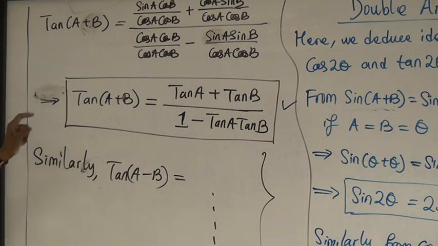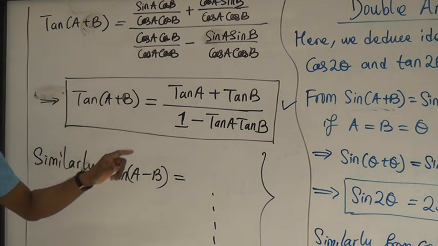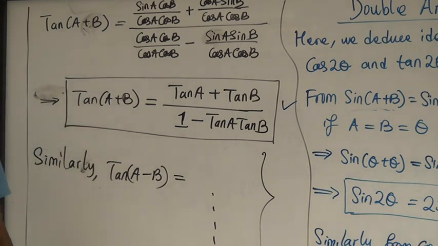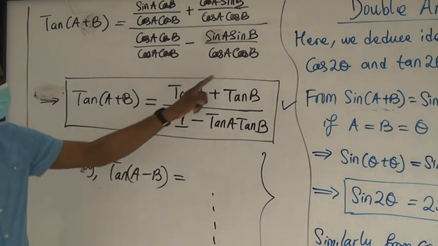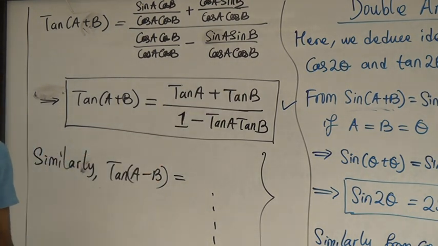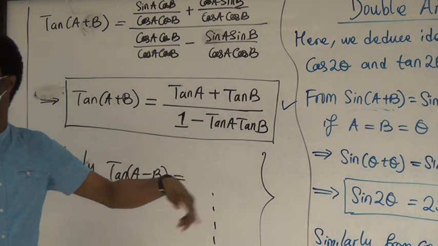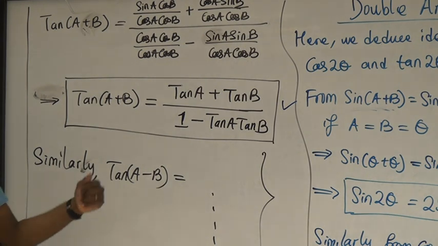You can tell me. Yes? Tan 2 theta equals 2 tan theta over 1 minus tan squared theta. That's it. Tan theta plus tan theta, 2 tan theta. Tan theta times tan theta, tan squared theta. And that is the double angle for that.